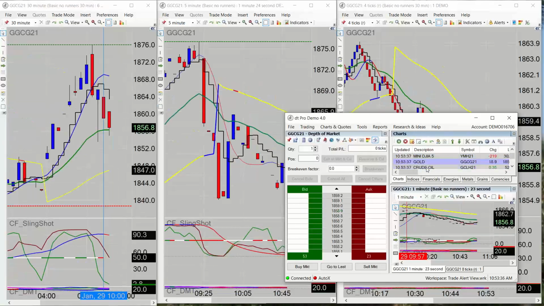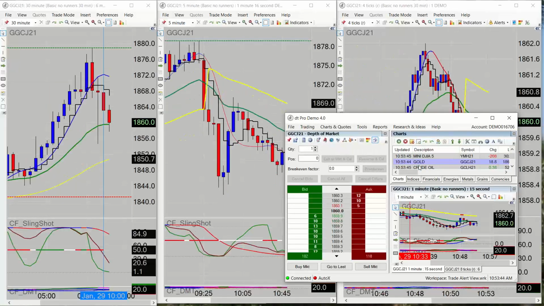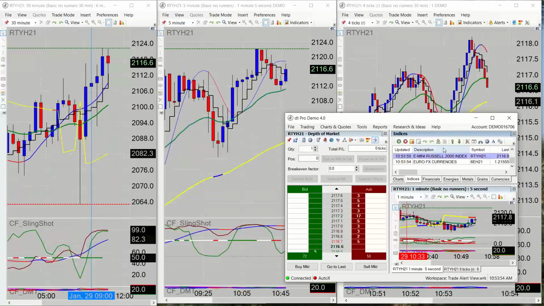I can change. I can look at gold. Crude. I go over here to the indices, and take a look at the Russell.